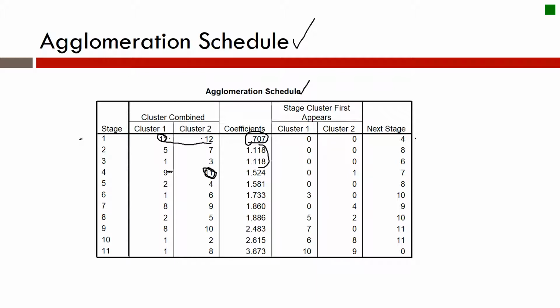So in other words, observation 9 is going to fall into the 11 and 12 cluster. And that is the next closest linkage that's taking place. So we're not forming a new cluster. What we're doing is putting 9 into that original cluster that was made. So we still only have 3 clusters, and so that's how that's working.